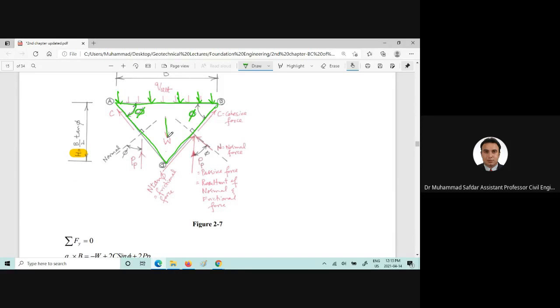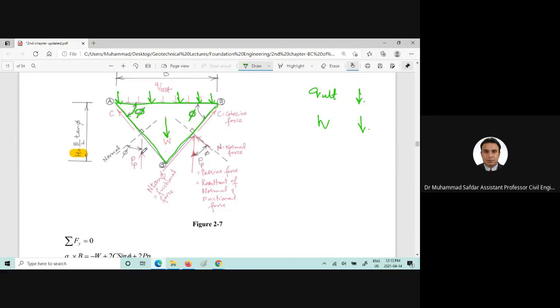The weight of the wedge is acting downward, so Q ultimate is acting downward, weight is acting downward.